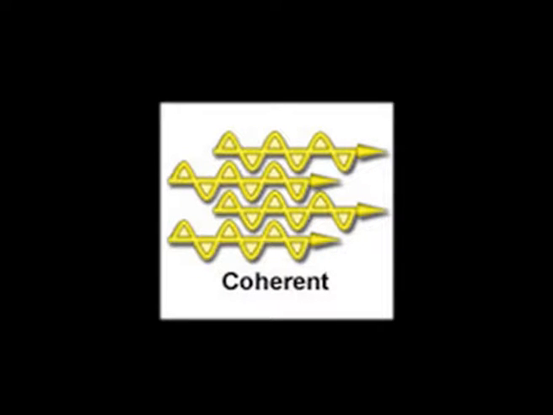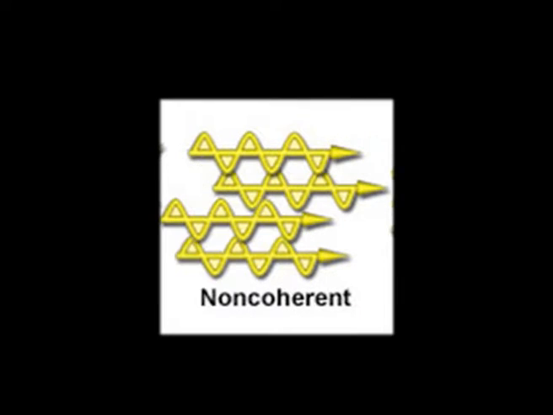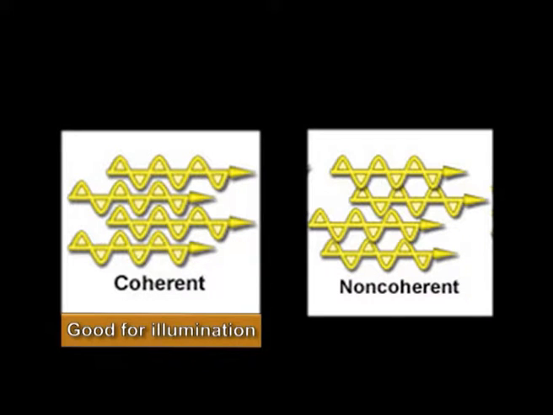This is known as coherent light. Non-coherent light, as you can tell from the definition, does not follow this rule. Coherent light sources are very good for illumination and they can transmit their energy properly when they interact with matter.